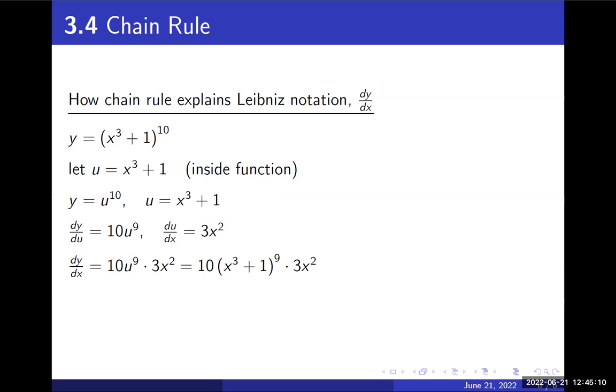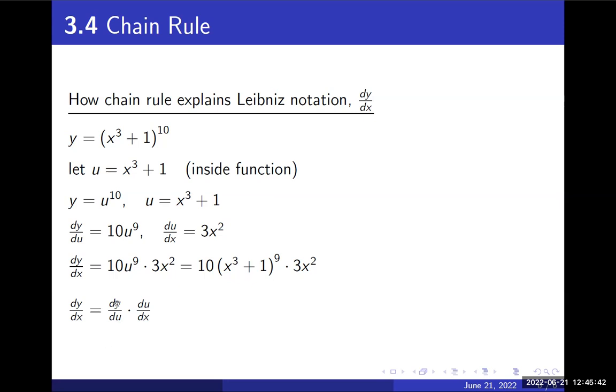Okay, so how does this explain his notation? We haven't even seen that yet. Look at just this piece right there. This is dy over du. This is du over dx. Okay, so we said these are not fractions, but they sure do behave like fractions if we use this notation, right?